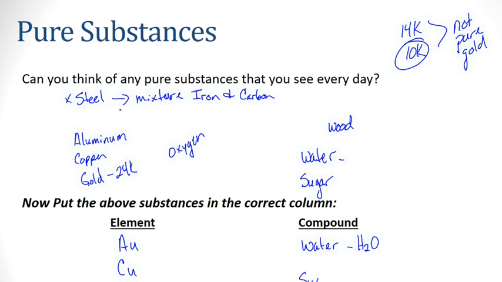What about sugar? You guys probably don't know what sugar is made of. It looks like this. This is one type of sugar. There's lots of different types. C6H12O6. There's a lot of carbons, hydrogens, and oxygens. So those are elements and those are compounds. And now if we go through, these three are atoms. This one is a molecule.